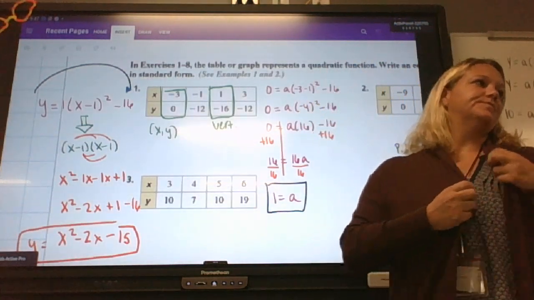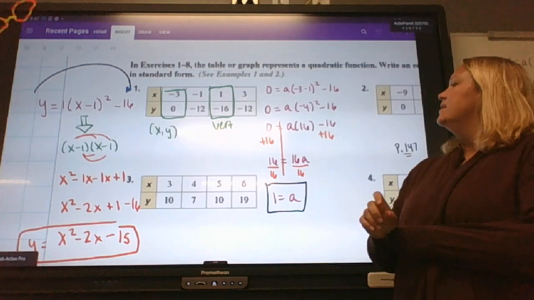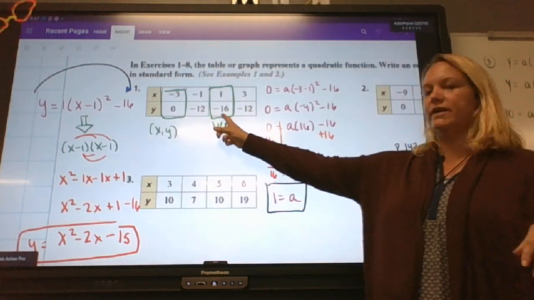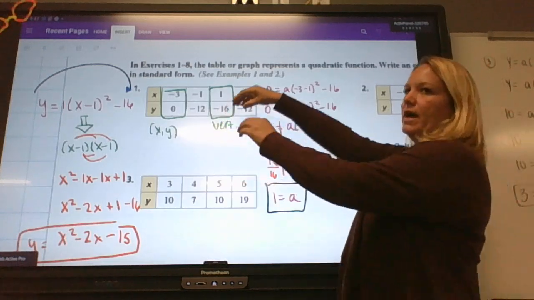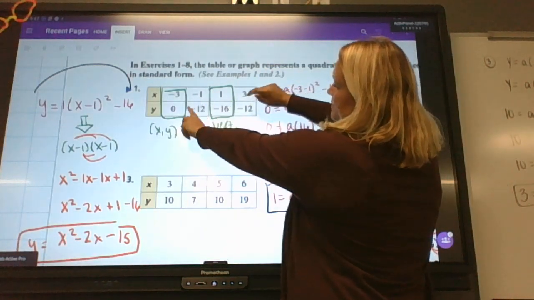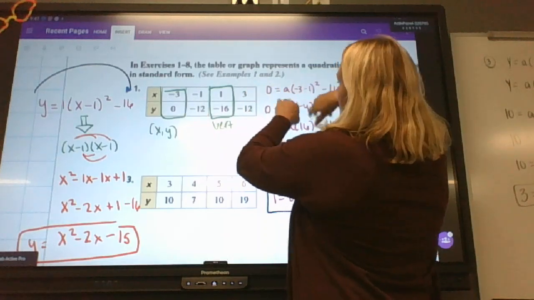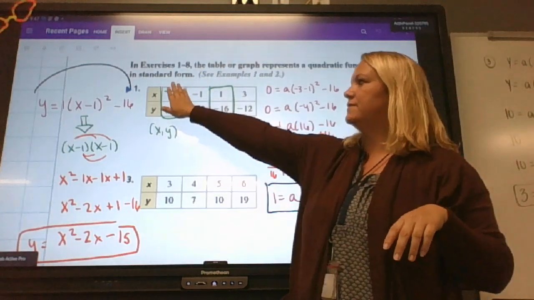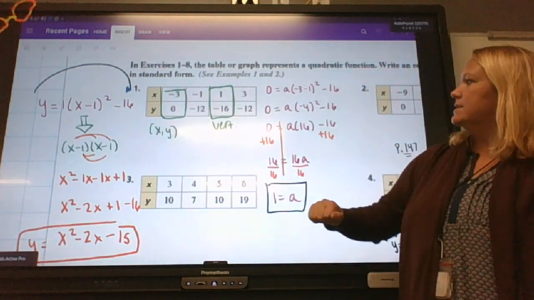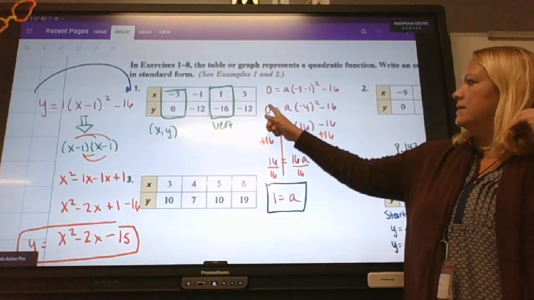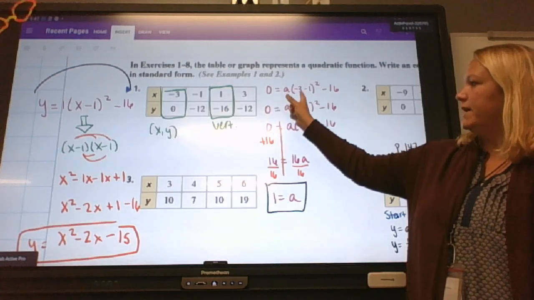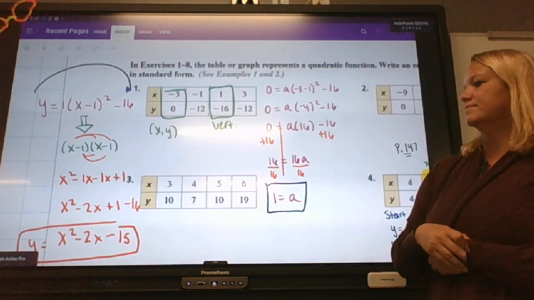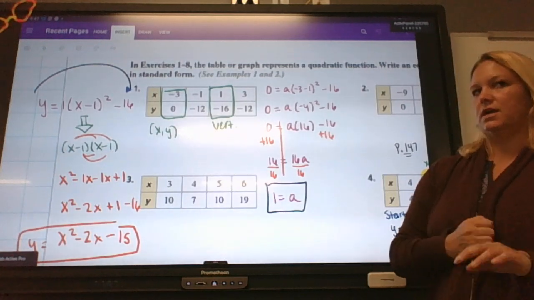Here's number 1. If you were going through the process, you know 1, negative 16 is the vertex, and I know that because of the 1s on either side, the one in the middle of the repeat. So I plugged in 1 and negative 16, and then I picked the first point as the x, y. I plugged in 0 and negative 3, did all the math, got a equals 1. Any questions on how to get a?